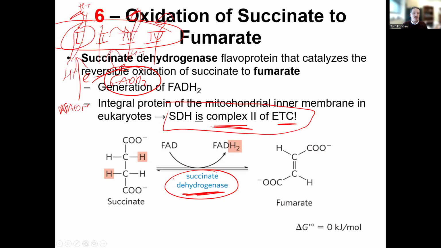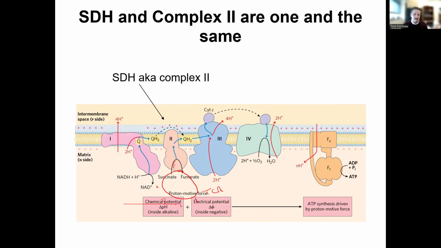We can go through it, and the succinate dehydrogenase, which is step 6. So 3, 4, 5, 6, 7, 8. So it all kind of joins up together and is associated with the next step, the electron transport chain. And briefly, this is an integral protein. Integral means embedded in a membrane.